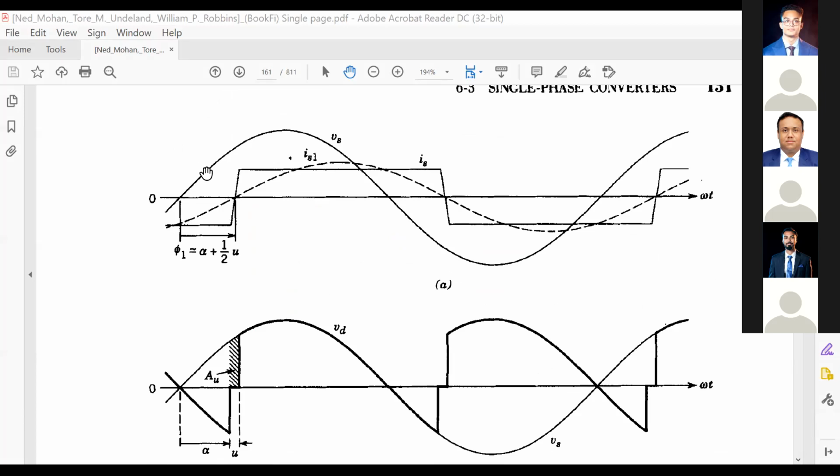So look here again, the figure. This is your 6.10 A figure. Now I have already told you, so if I plot here, what is this angle?